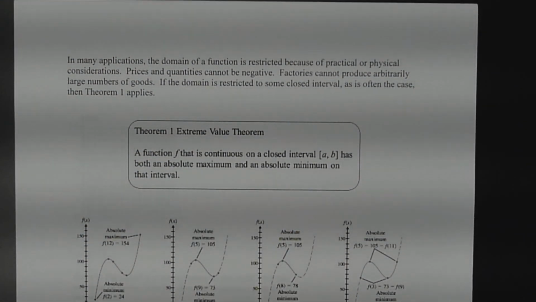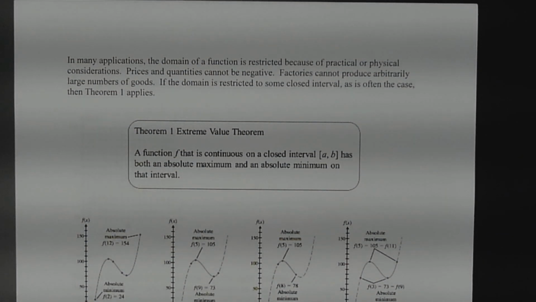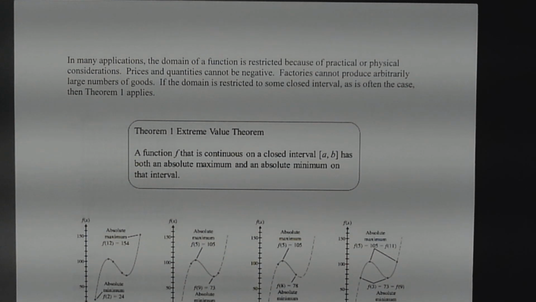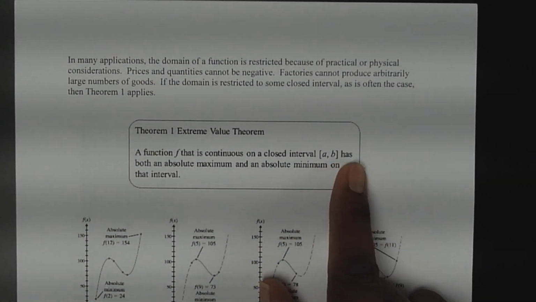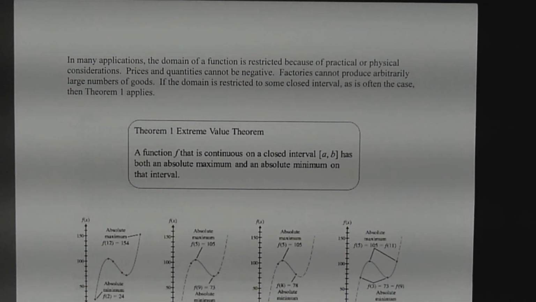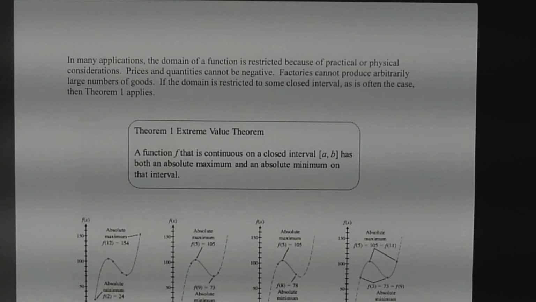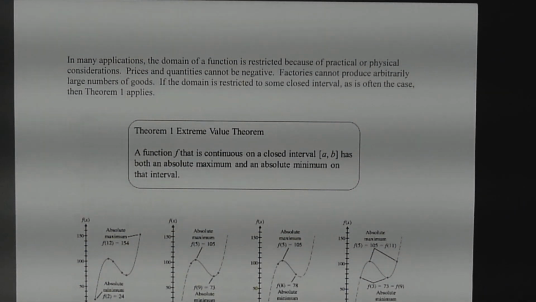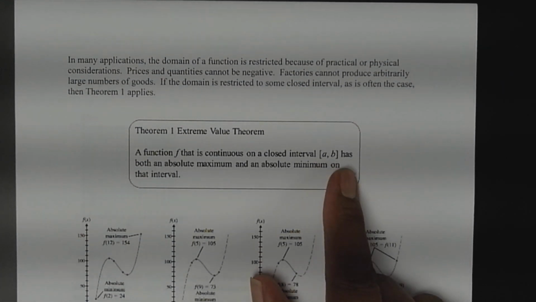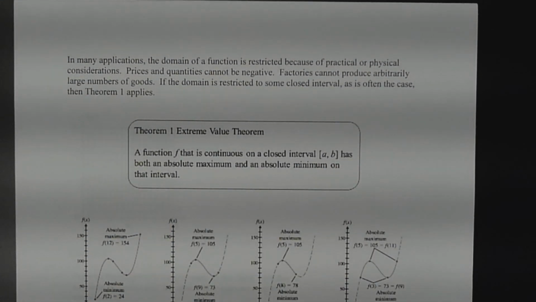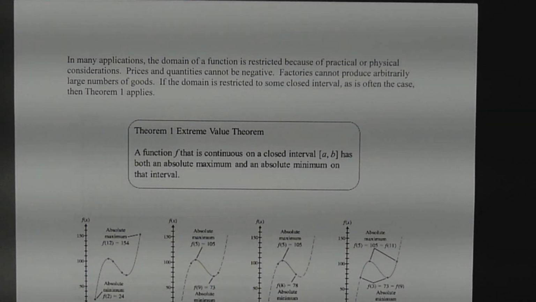This is theorem number 1 dealing with the extreme value theorem. A function f that is continuous on a closed interval, which is of course a comma b, has both an absolute maximum and an absolute minimum on that interval. So here, when you have a closed interval, that means there is restriction there. That means we can find both the absolute maximum and the absolute minimum on that interval.